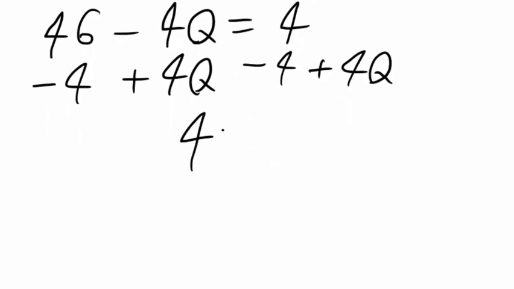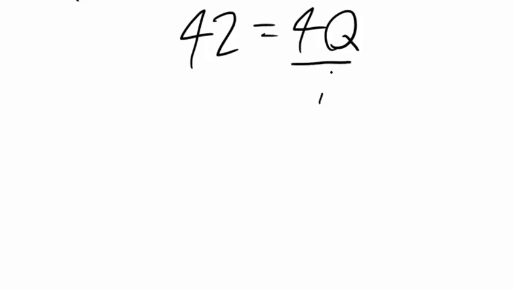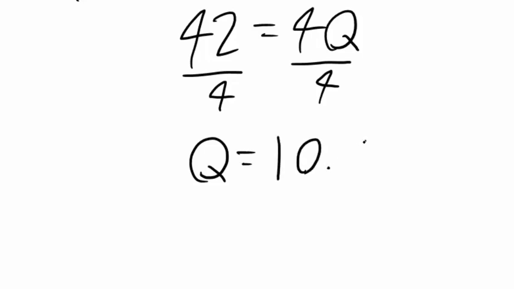And so if we subtract 4 from both sides, and then add 4Q to both sides, we get 42 equals 4Q. And so if we divide both sides by 4, we get a Q, or quantity, of 10.5. So we would try to sell 10.5 units at our pawn shop under uniform pricing. Next, we want to find our price, and we can do that by plugging in our found quantity into our price function.